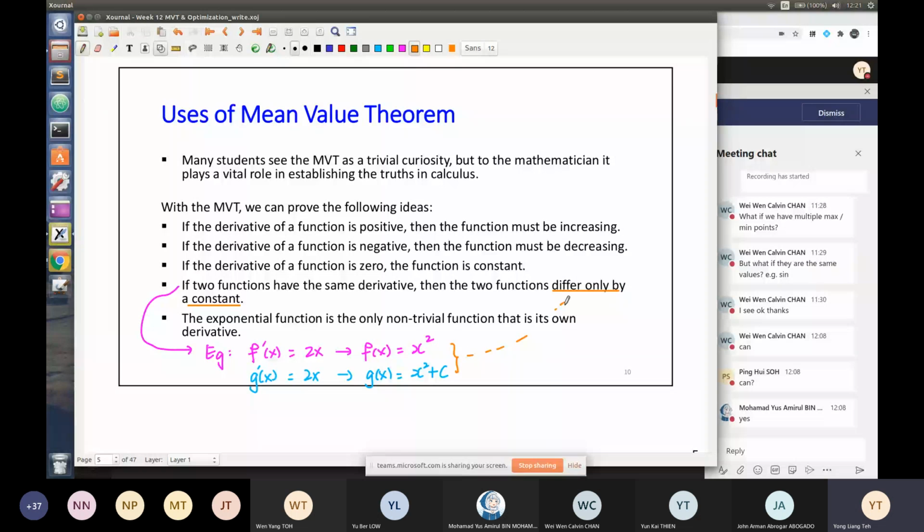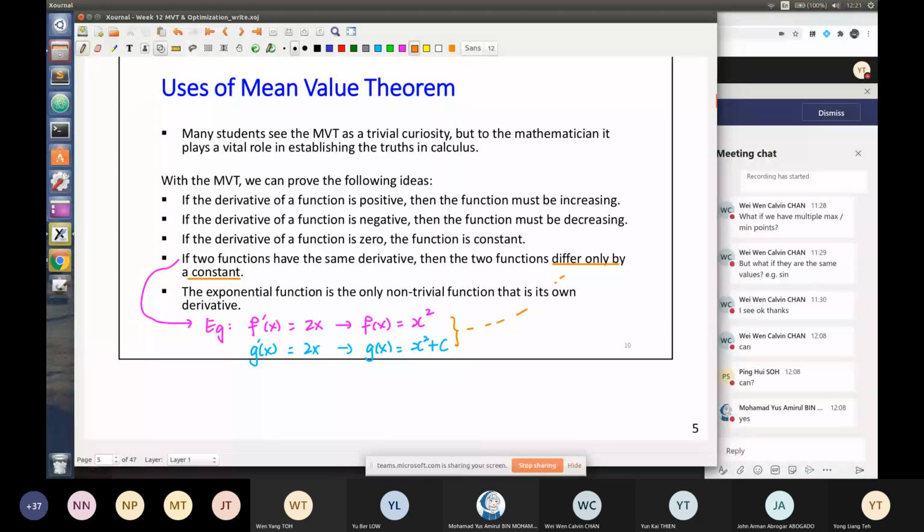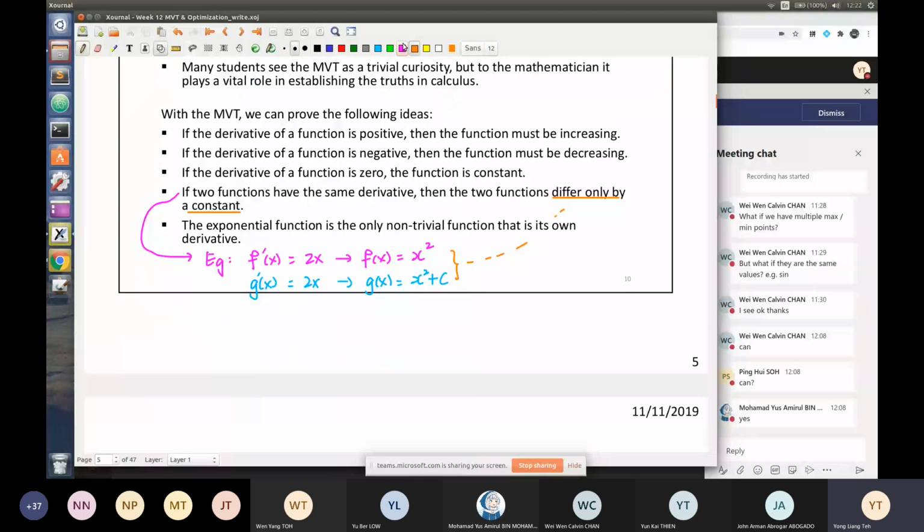So this is a demonstration. How does this relate to the theorem? Let's say your function is x squared, so let me draw. Maybe it looks something like that. This is my f of x.